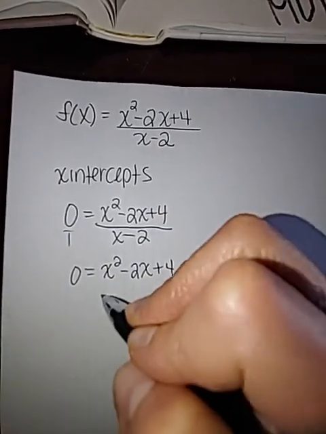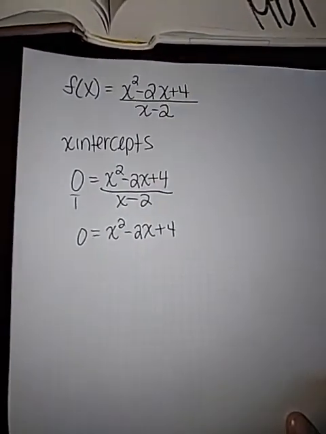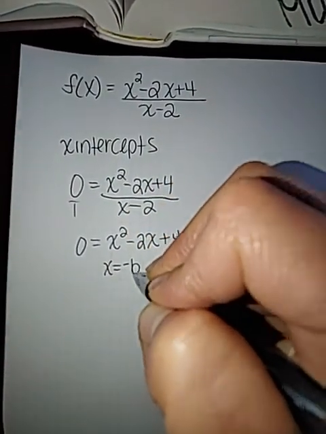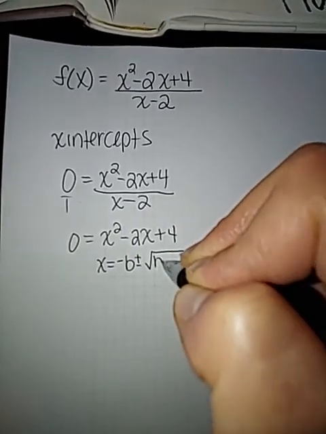Okay, I try to factor this. I'm looking for factors of 4 that give me negative 2, and there aren't any. So I know that to solve this, I would need the quadratic formula.